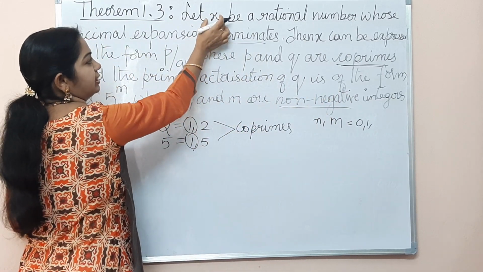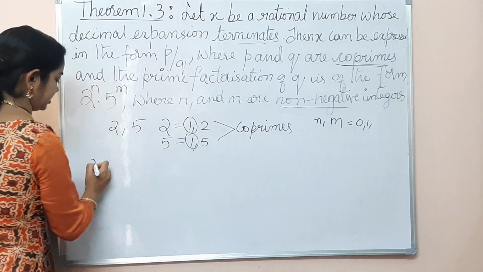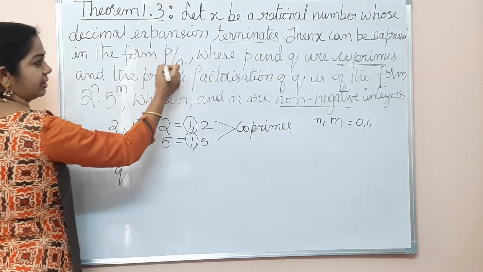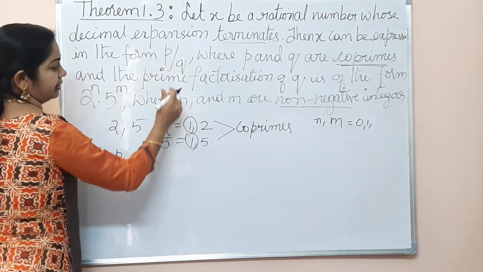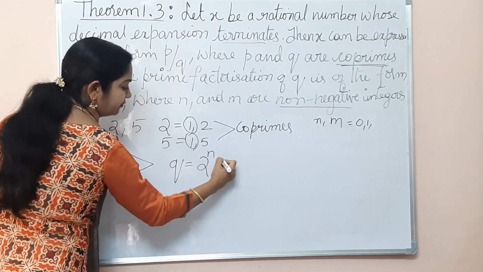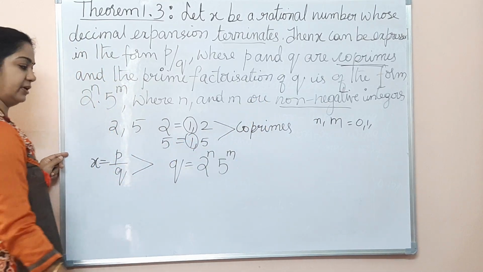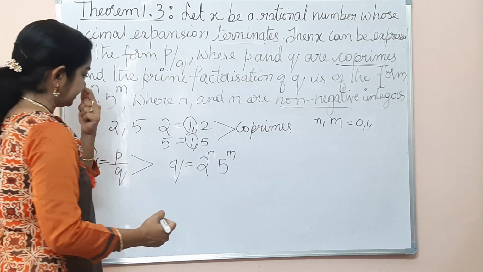So if we see the rational number, that is our x, is of the form p by q, such that p and q are co-primes, and q should take the form of 2 to the power of n, 5 to the power of m, where n and m are non-negative integers. For you to understand, I'll take one example here.